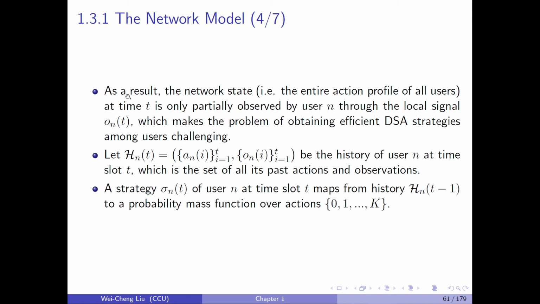As a result, the network state, that is, the entire action profile of all users at time t, is only partially observed by user n through the local signal O_n(t), which makes the problem of obtaining efficient DSA strategies among users challenging.